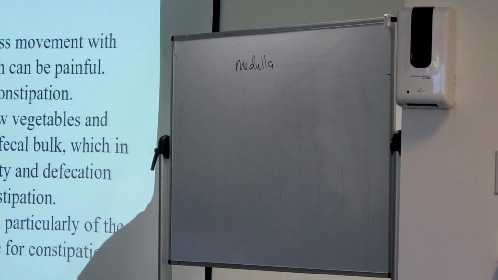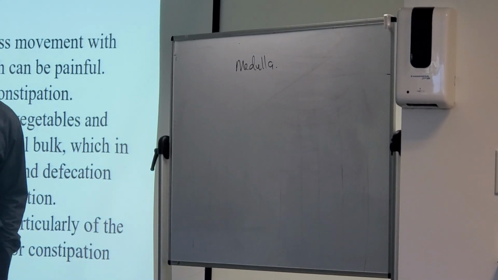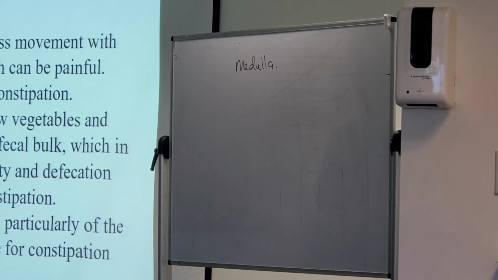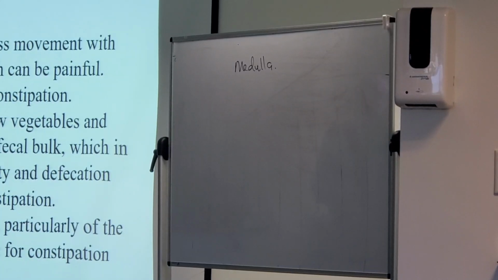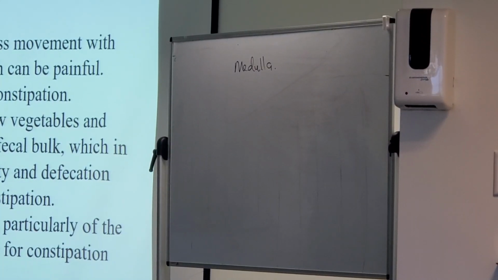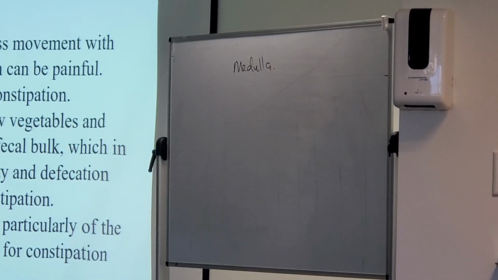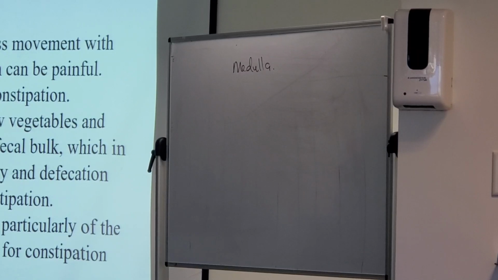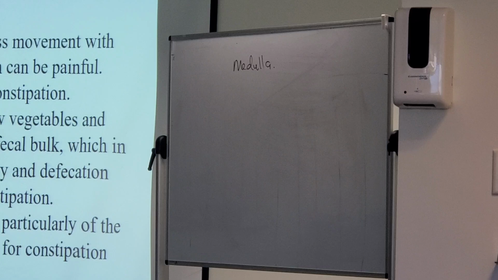But how does it play out? There are afferent and efferent components, which means the vomiting center has to receive sensation, has to be excited, and it processes the information and gives out an efferent output.